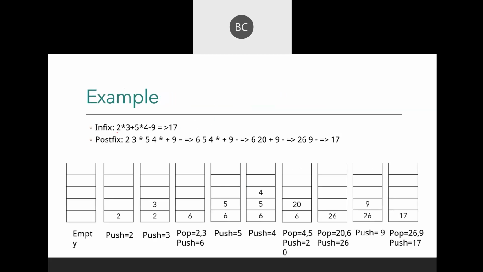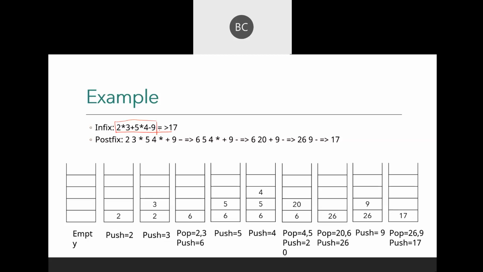For example, you have written this expression. So what is the main answer for this? 2 into 3, 6, then 5 into 4, 20, then you plus it, then you minus it, the answer will be 70.